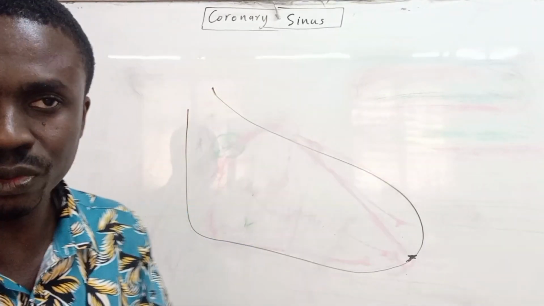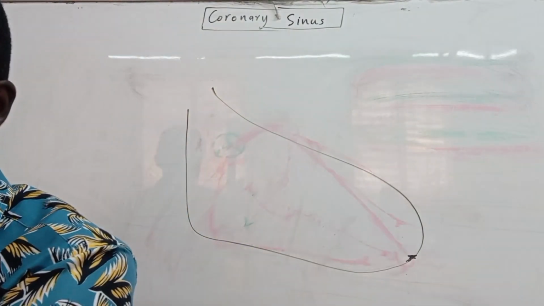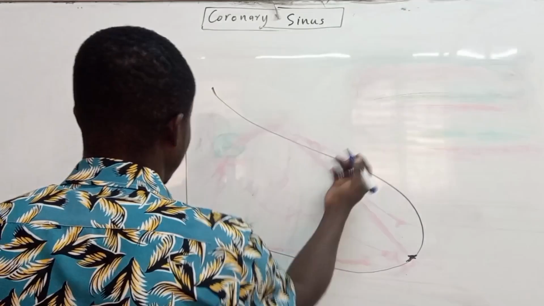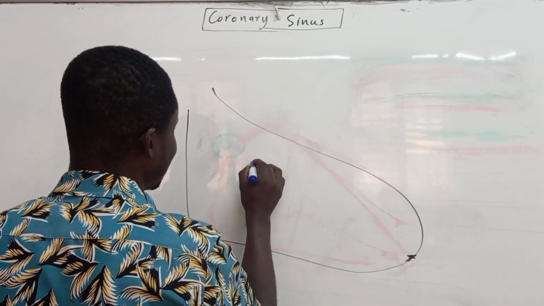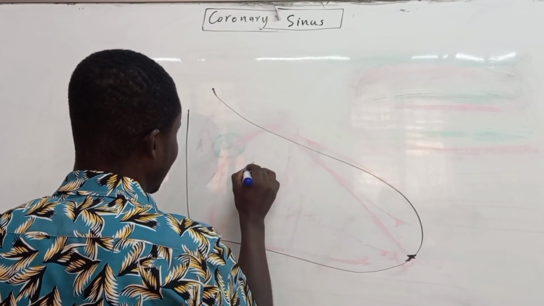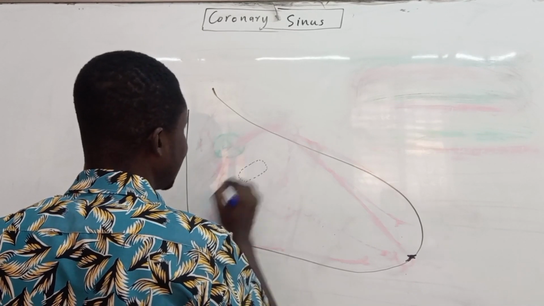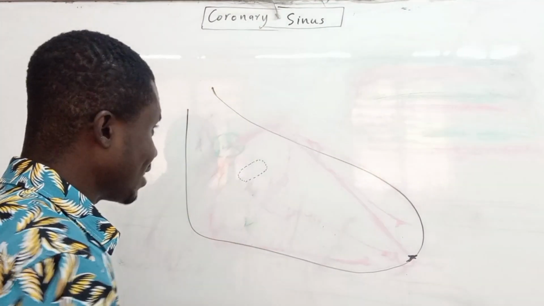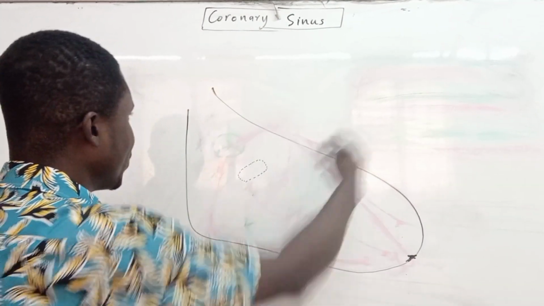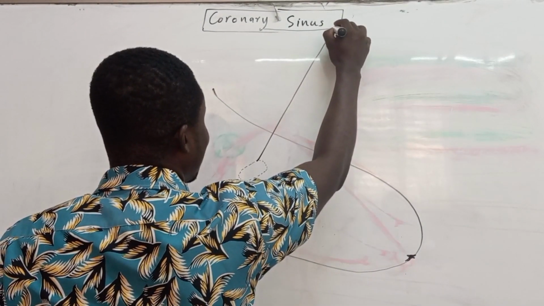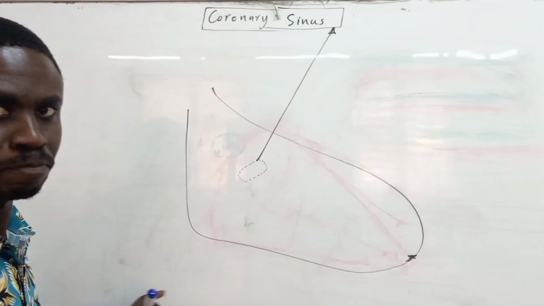So let me use blue to show that to you. I'm using a dotted line to show that it's at the posterior portion. This one I have over here is the coronary sinus.